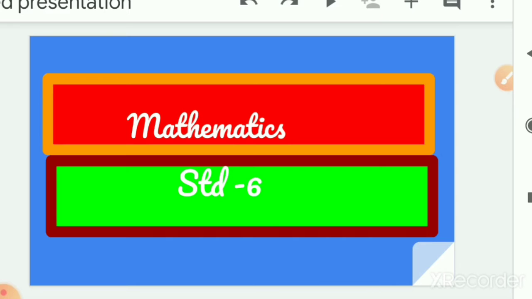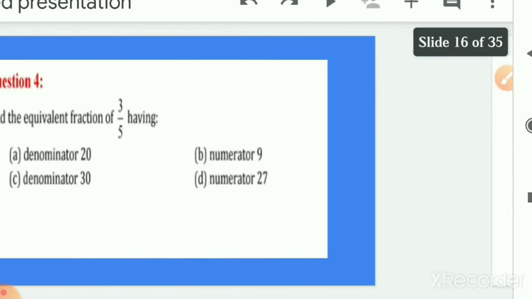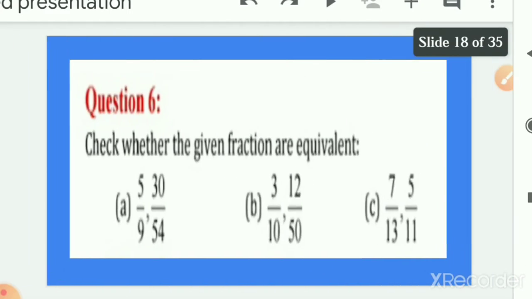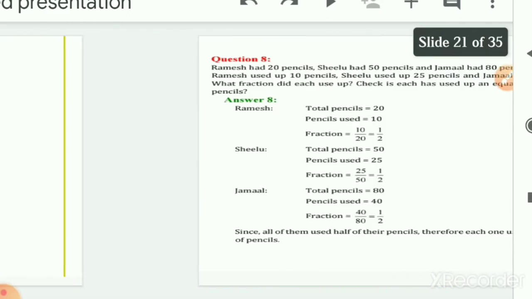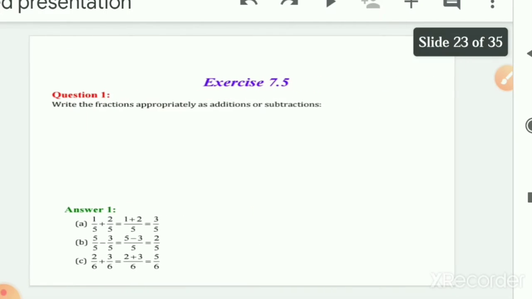Just first tell me, which exercise have we started? Yes, 7.5. Okay. Can you tell me what we have discussed in this exercise?